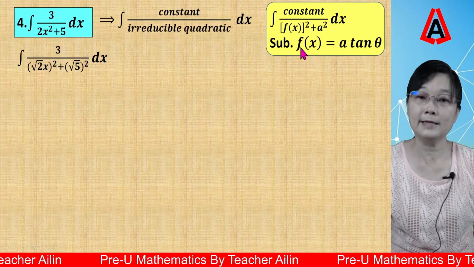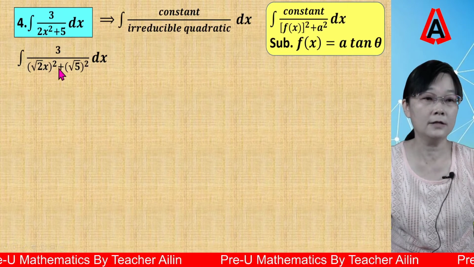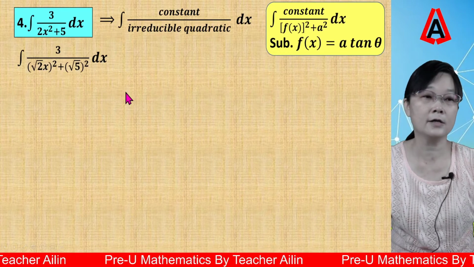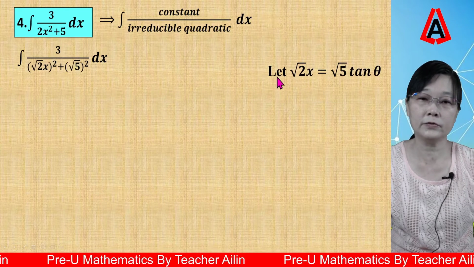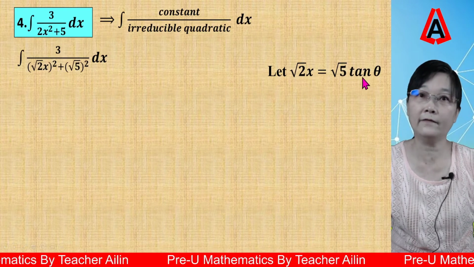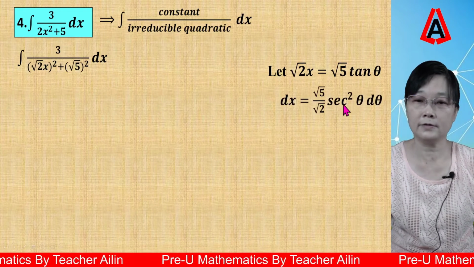Since we replace fx with a tangent theta, according to this question, fx is square root of 2x. So it means I'm going to replace square root of 2x with square root of 5 tangent theta and dx is equal to this one.